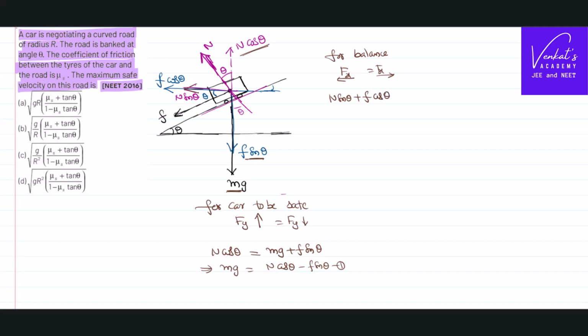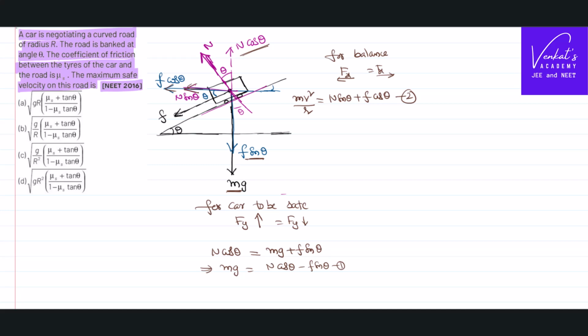These forces are balanced by the centripetal force. So their combination must be equal to what? mv square by r. So mv square by r will be acting in balancing that, which is called the centripetal force. You call this equation number 2.